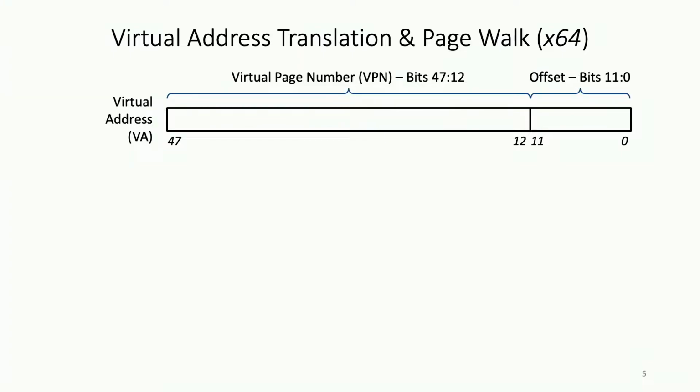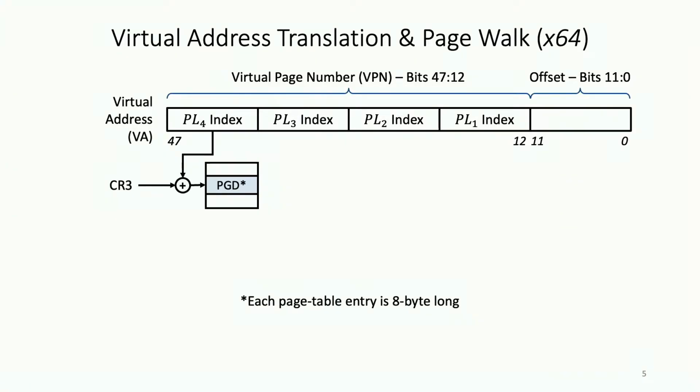On x64, to perform a page walk, the virtual address is divided into an offset and a virtual page number. The virtual page number is further split into 4 PL indexes, and each index is 9-bit long. During the page walk, the page walker uses the PL4 index to index into an array of page table entries, and each entry is 8 bytes long.